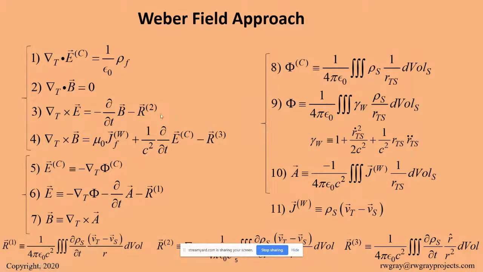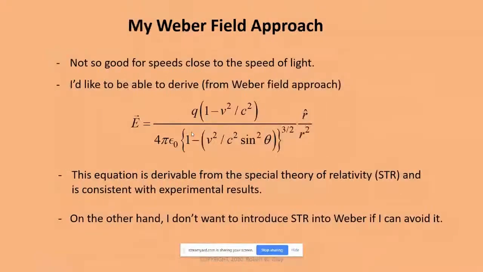And so you introduce these additional R's, R1, 2, and 3. But if you set these time derivatives of the charge density function equal to 0, then R1, 2, and 3 go away, and it looks just like Maxwell's equations. The interpretation is still a little different, but that's what R is.